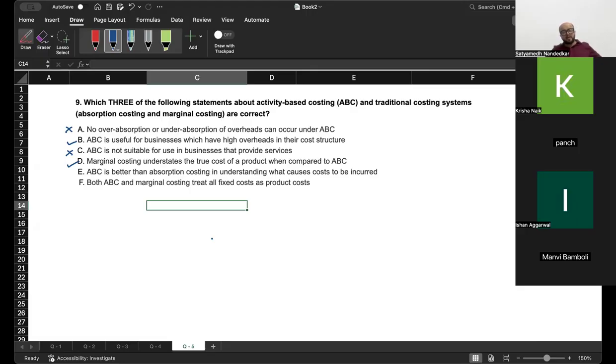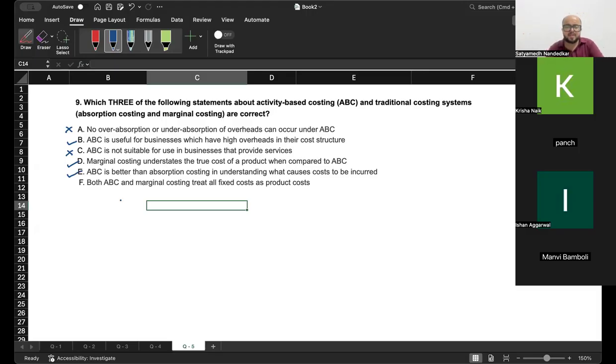Activity-based costing, on the other hand, for every item of cost incurred, tries to identify which item influences the cost, which item has an impact on cost. It tries to do that first, and then using that as a base, it tries to find out how the costs are influenced and calculated. So ABC is better because it helps you to find the link between the cost and the cost influencer or cost driver. This is correct.